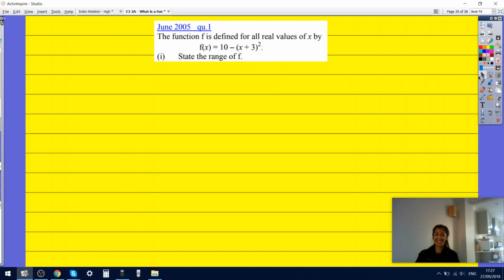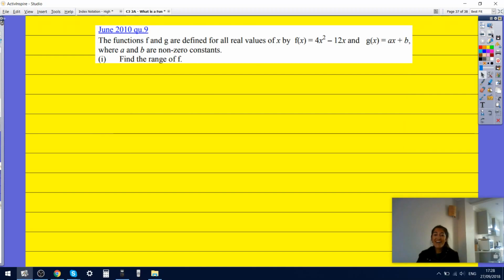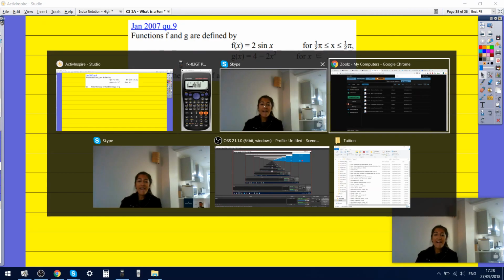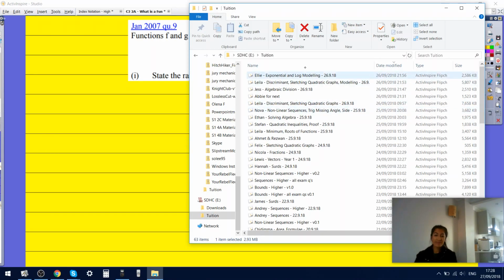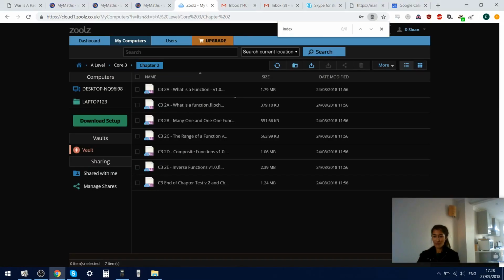Let's see. Okay. This one, the range, too tricky. I need to do those later. Okay, I'll do B. I just don't want to spend a lot of time sketching graphs of functions, because it's a different topic. It's kind of just revision.